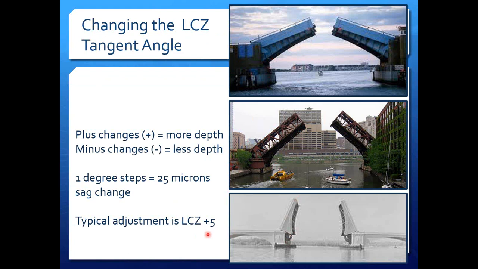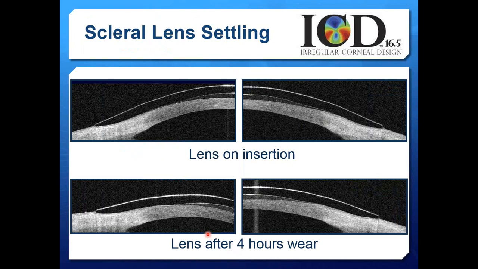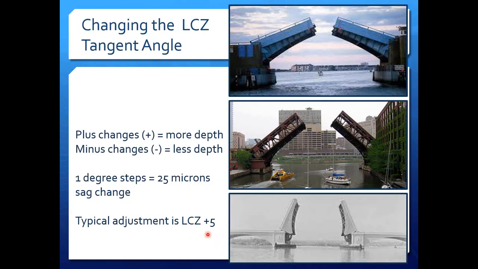Again, the typical adjustment, if you had thinning through the limbal clearance zone, such as you see here, is to ask the lab for a limbal clearance zone plus 5. Remember that as you increase that angle, increase that vault, each step equals 25 microns in additional sagittal depth.